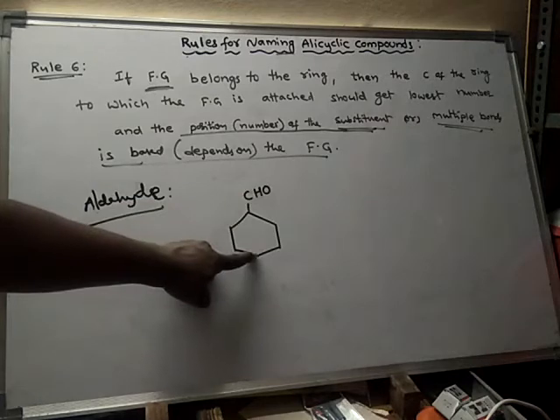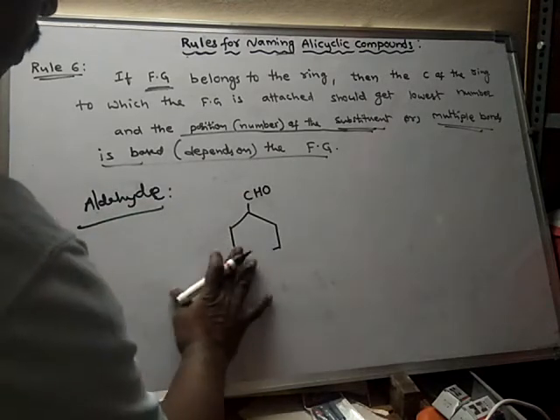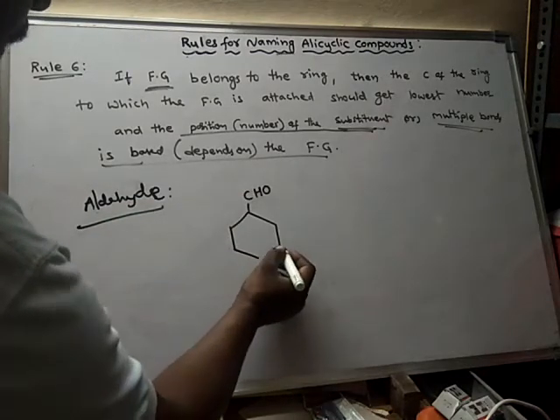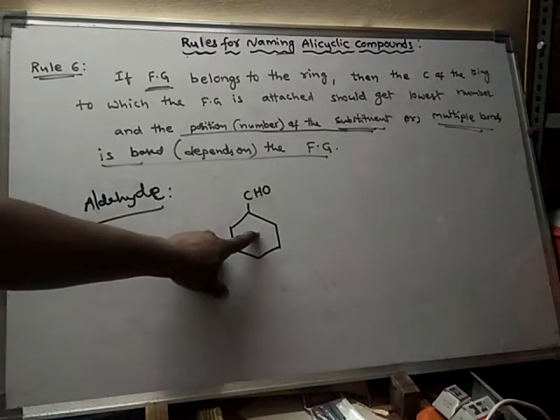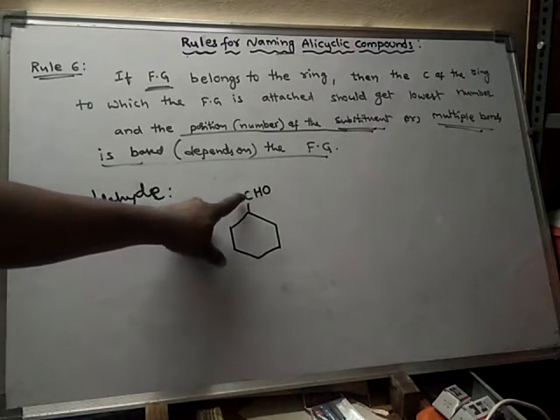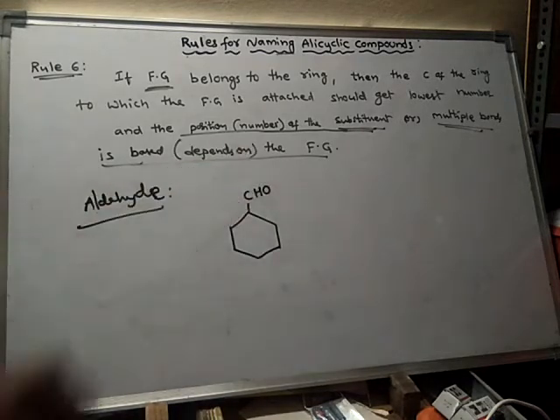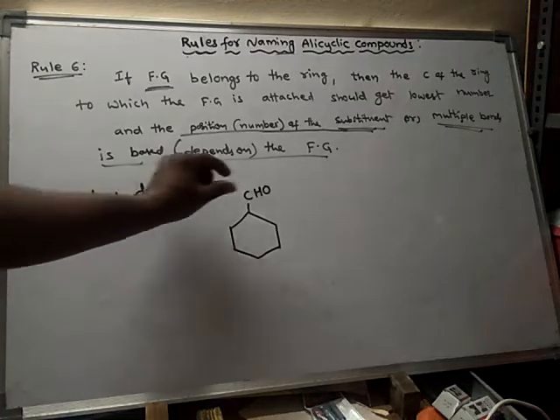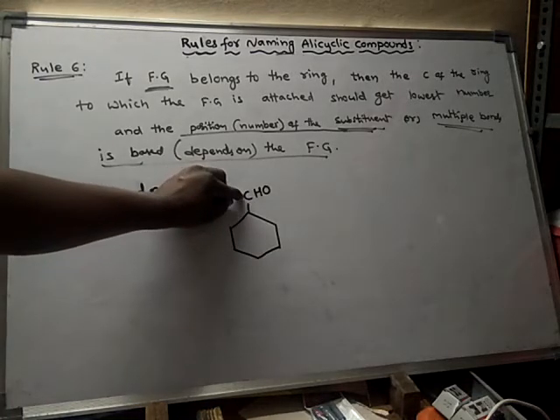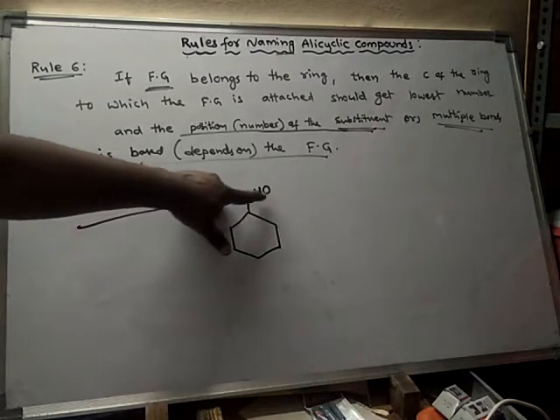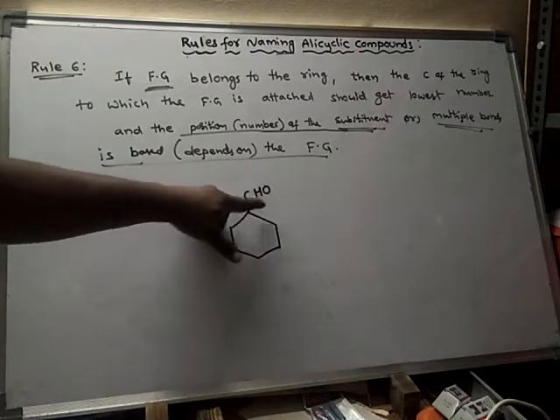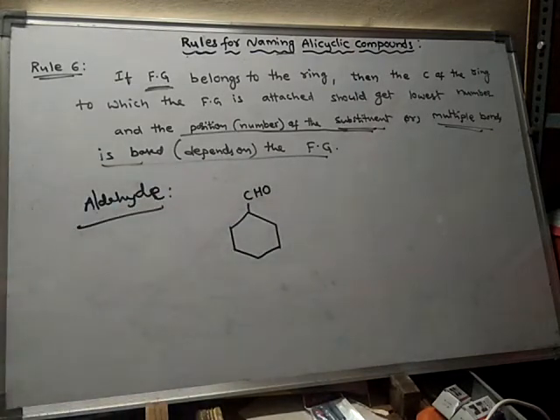This is the parent chain actually, a closed chain. To this parent chain, one carbon atom is attached, having the aldehyde group. Now this carbon is not part of the parent chain. Hence the name will be written as carbaldehyde.